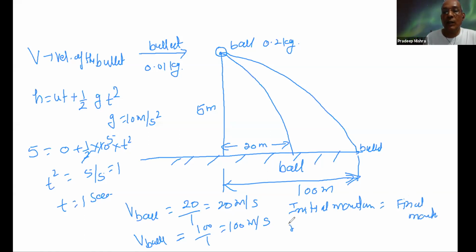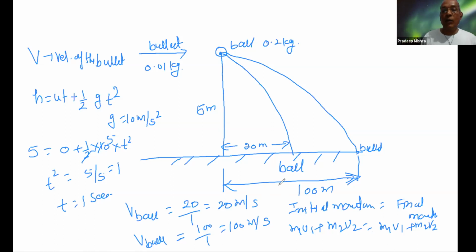Which is nothing but m1 u1 plus m2 u2 is equal to m1 v1 plus m2 v2. There are two bodies, bullet and the ball. So u1 is, let us say, the velocity of your bullet, and u2 is the velocity of your ball, and after they collide, this becomes your final velocity. But the ball is at rest.